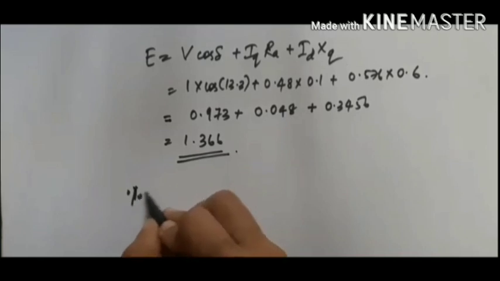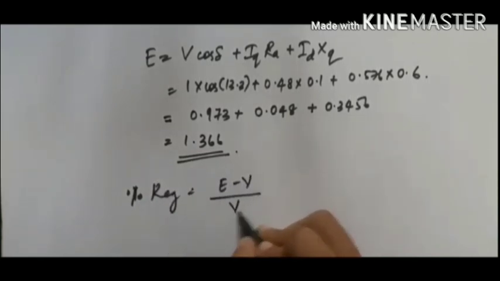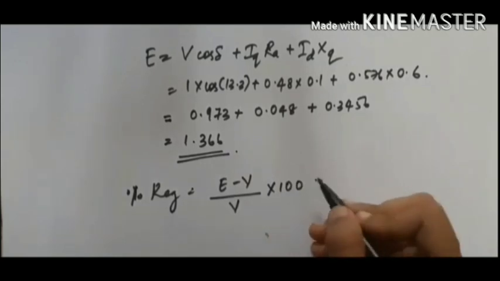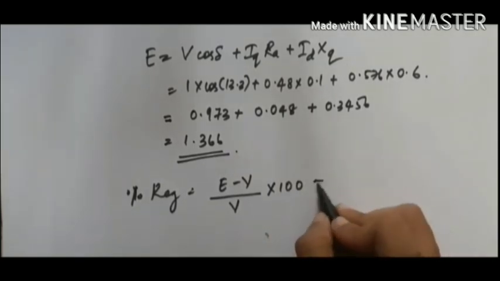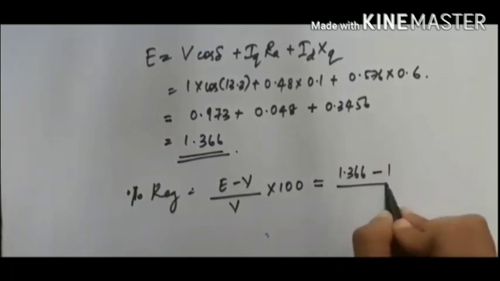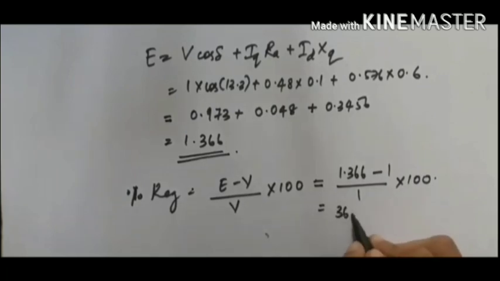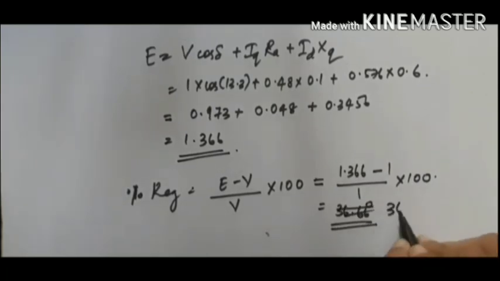Now substituting this value of E in the percentage regulation equation, the percentage regulation at 3/4 load is equal to E minus V by V into 100, that is equal to 1.366 minus 1 by 1 into 100, which is found to be 36%.